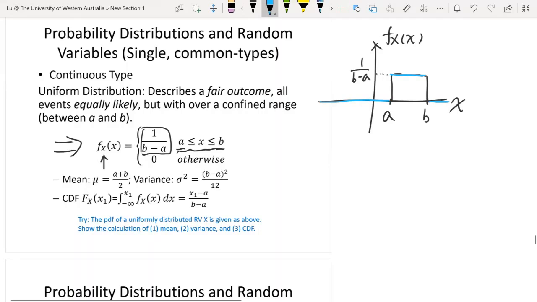But what are the good things for this kind of random variable? Okay, first of all, let's have a look at the CDF function for such a case. The CDF function, we said, is a function.